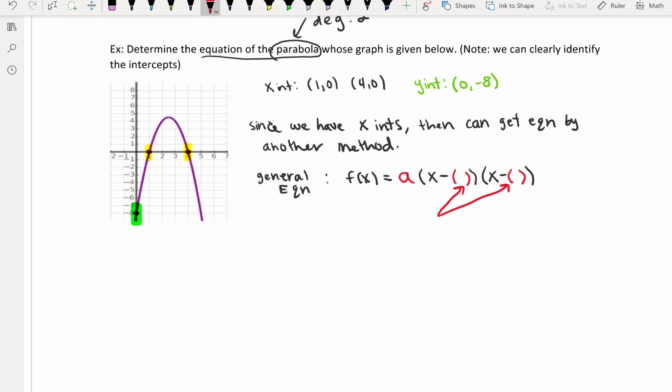In those parentheses, you're going to plug in the x-intercepts. We already know those values, so why not use them?